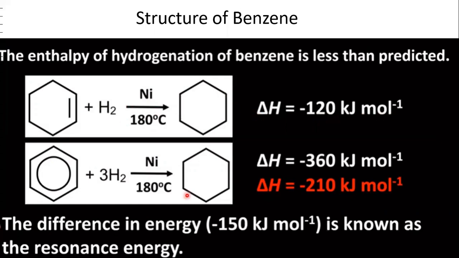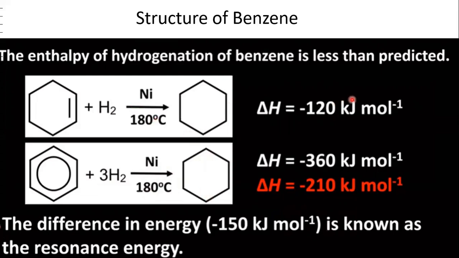From this, we can predict, if we take benzene as the substrate, which instead of one double bond has 3 different double bonds, that for hydrogenation of 3 different bonds, we will require 3 H2 molecules. So benzene with 3 H2 in the presence of nickel catalyst at high temperature and high pressure will give you cyclohexane.